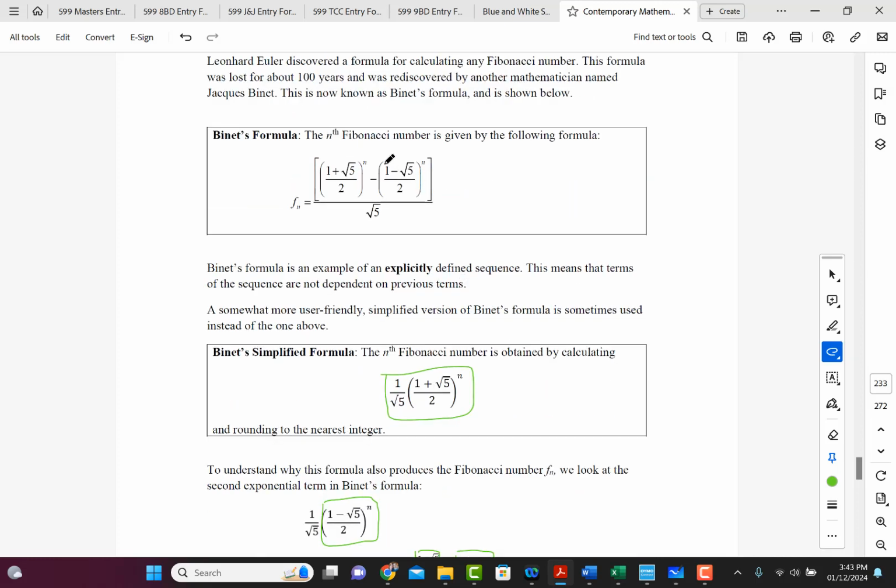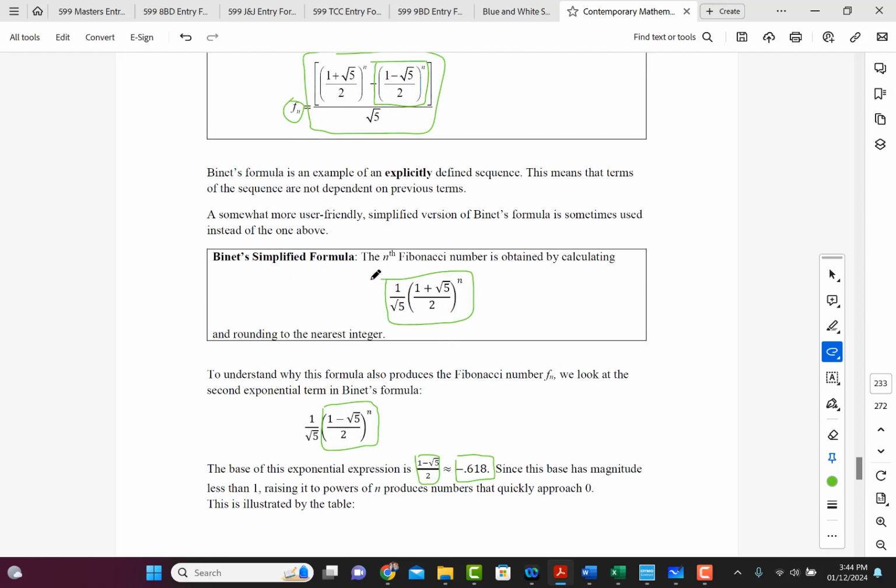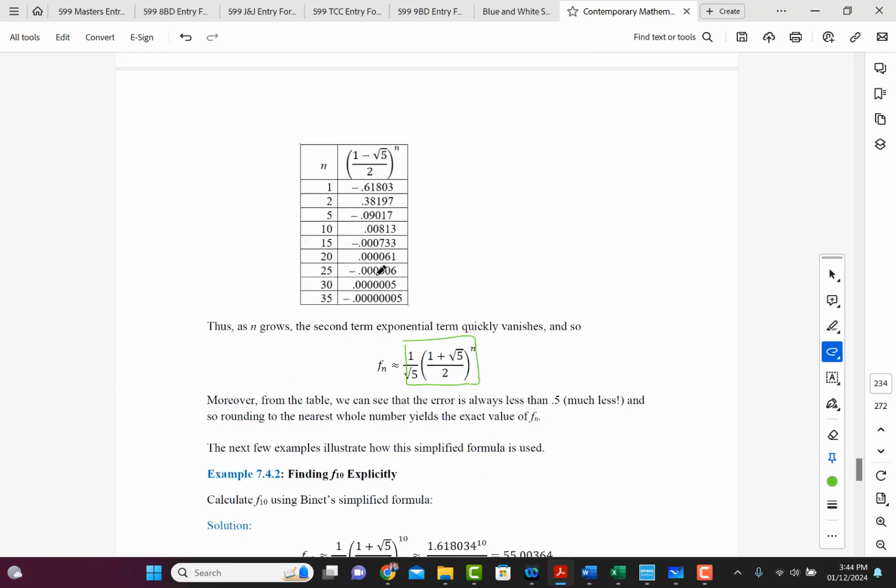Okay, so that's why this term here is going to 0, right? So for large values of n, we can approximate the nth Fibonacci number in the sequence by using this one. Okay, so that's why it works.